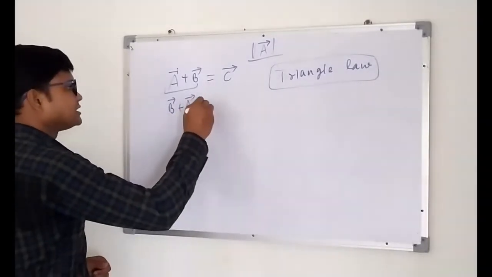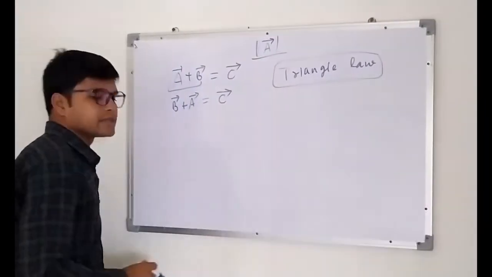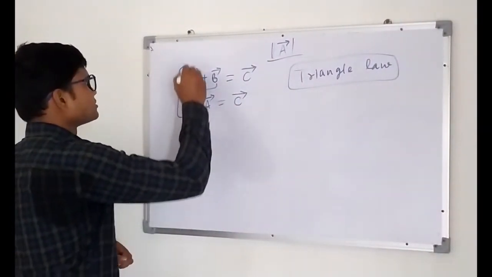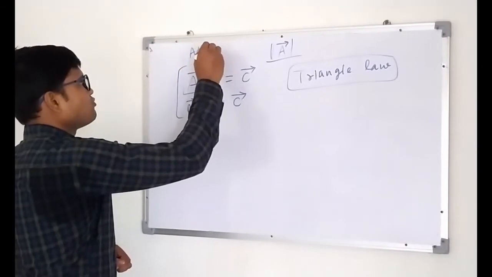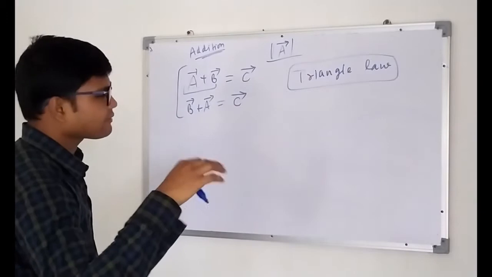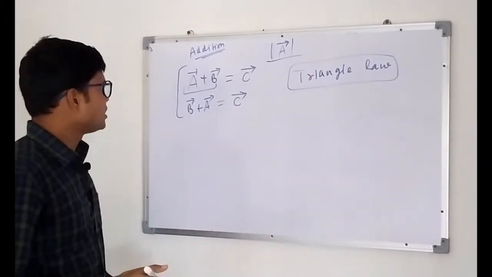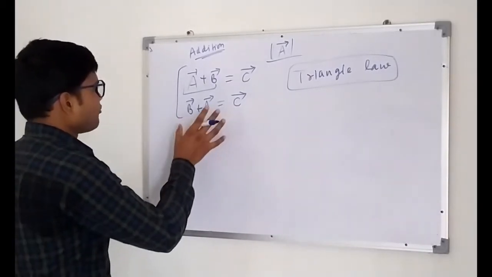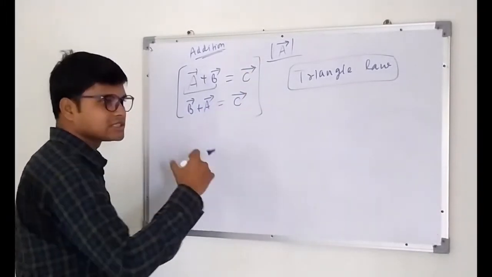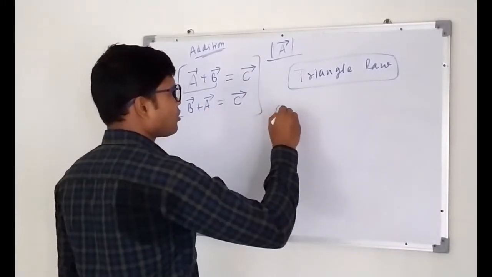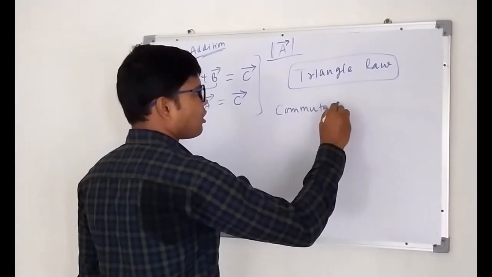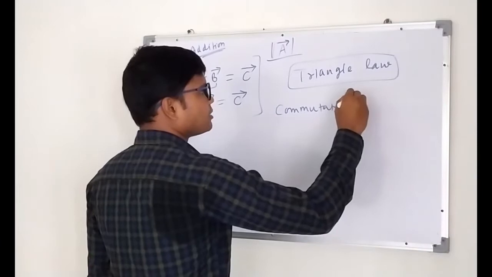The outcome remains the same. It happens with addition: reversing or changing the order won't affect the outcome. This property, where we can switch the order, we call the commutative law of addition.